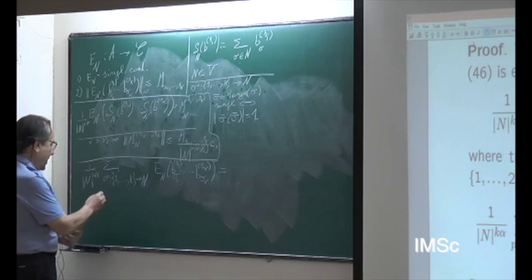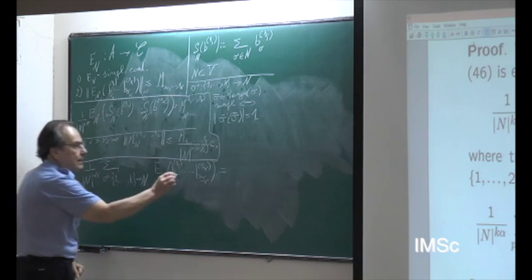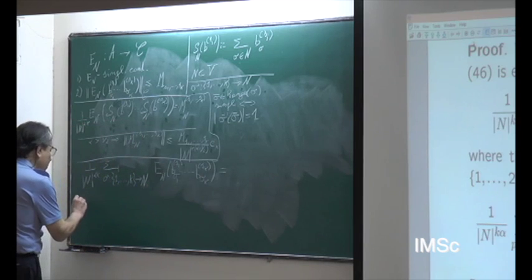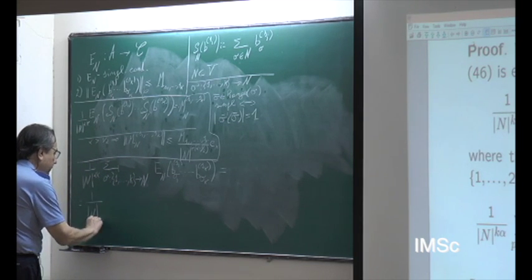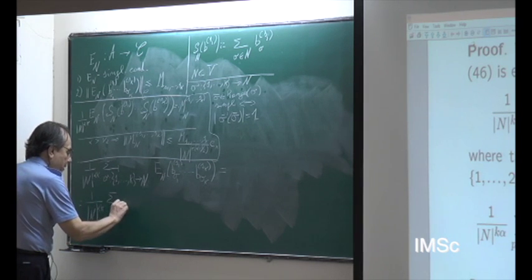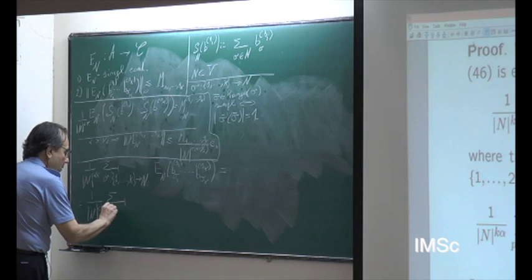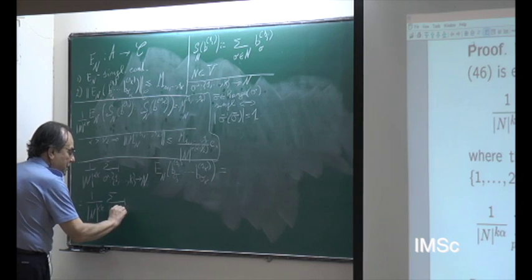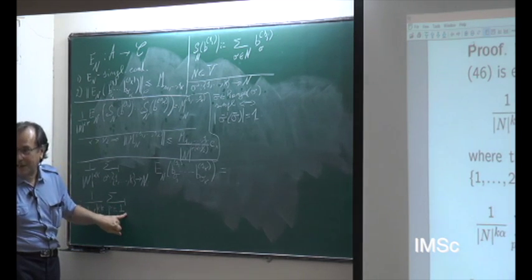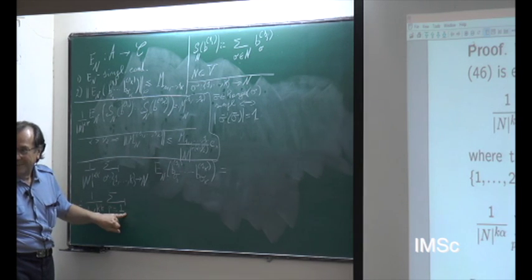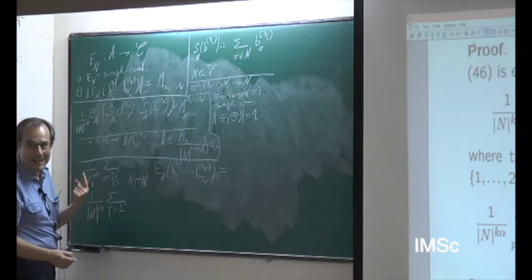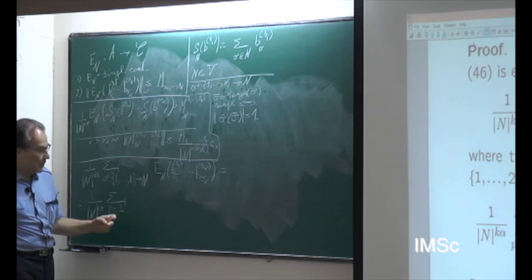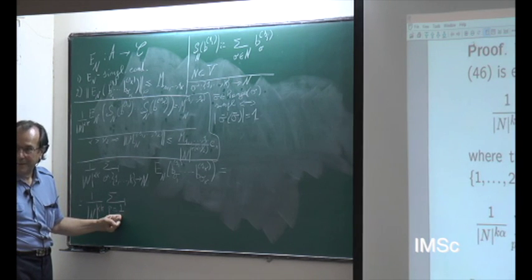So I will redefine this sum as 1 over the cardinality. This is just a factor that remains the same. And then I split over p, which goes, well, this is a function, so the minimum cardinality is 1, because at least 1 point, the constant; this corresponds to a constant sigma.